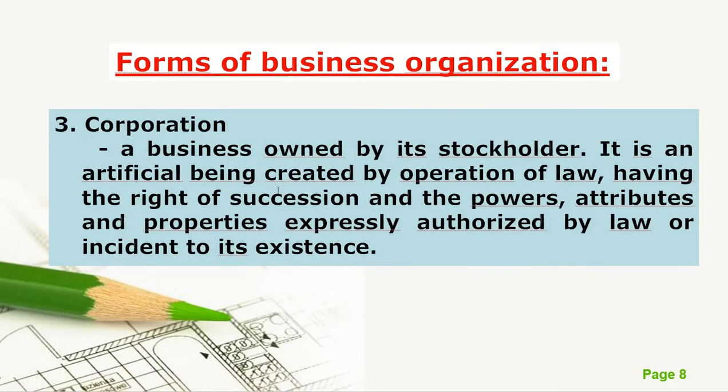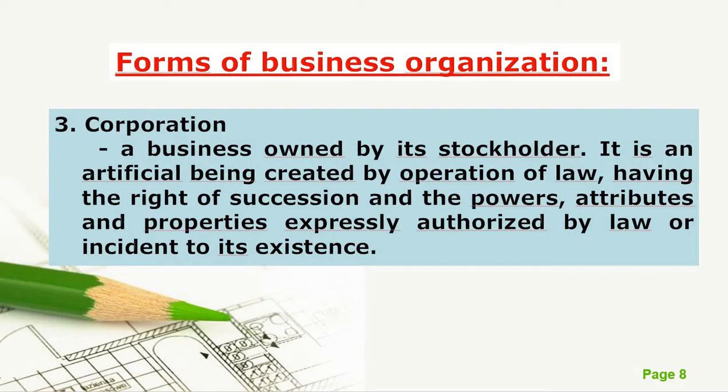Then number 3 is the corporation. It's a business owned by stockholders, and it is an artificial being created by the operation of law, having the rights of succession and the powers, attributes, and properties expressly authorized by law or incident to its existence.